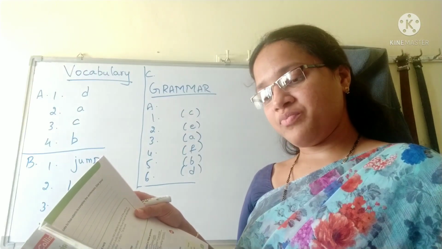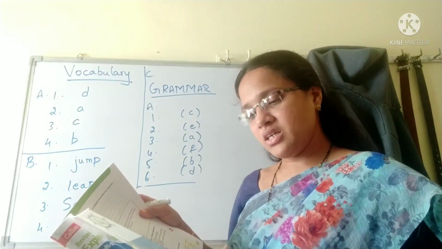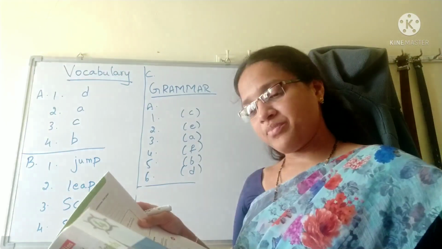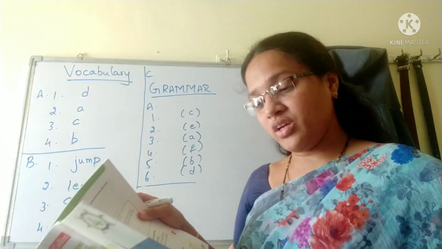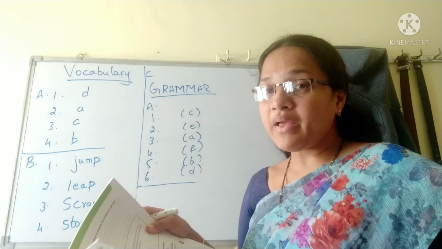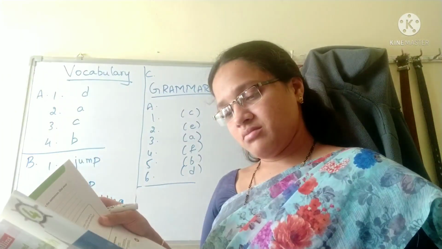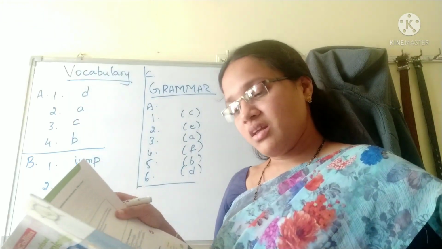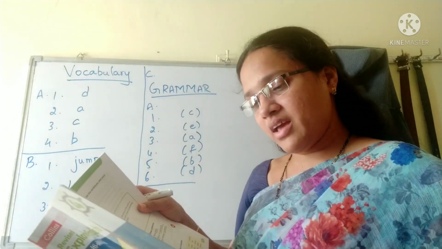Third, her sister was good at leaping. Her mother, what did her mother do? She was good at climbing and scrambling. Yes. The lion, next one.